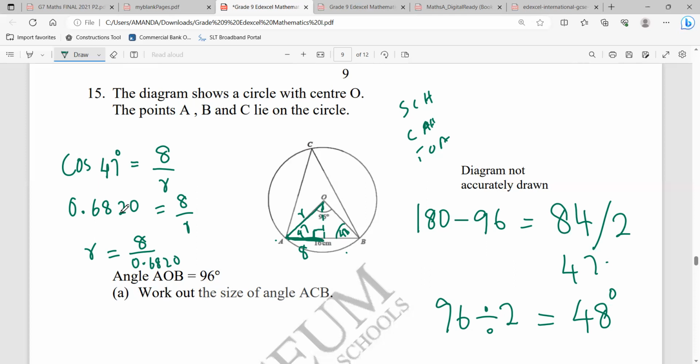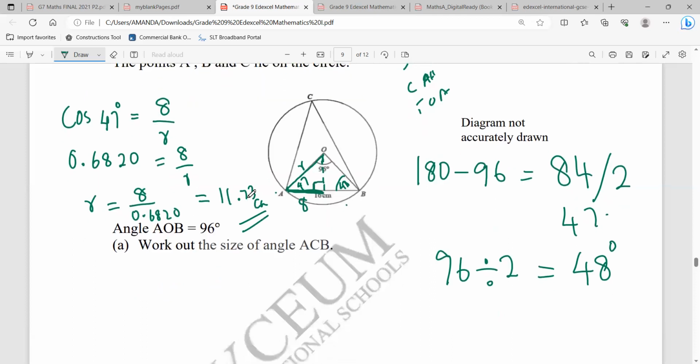Let me find using my calculator here. 8 divided by this equals 11.73 centimeters. That's R.